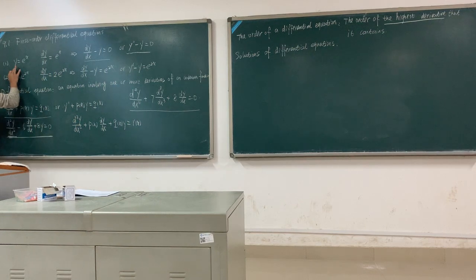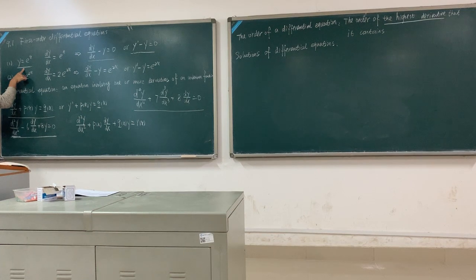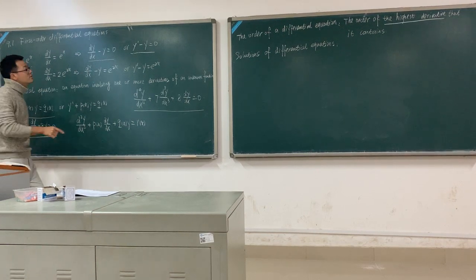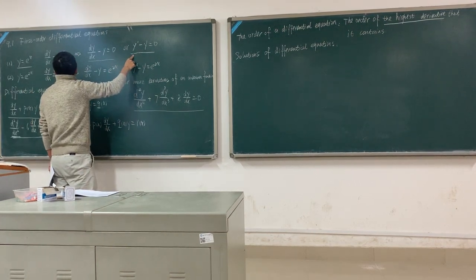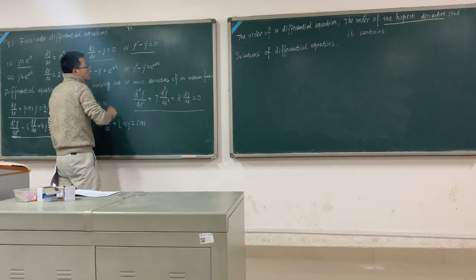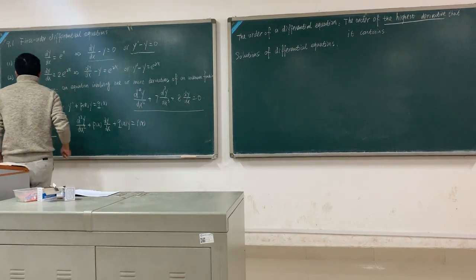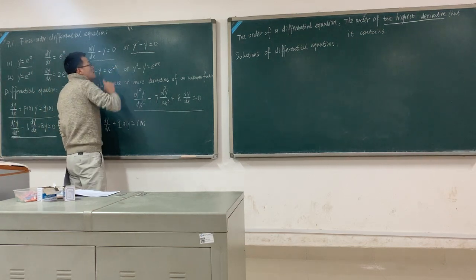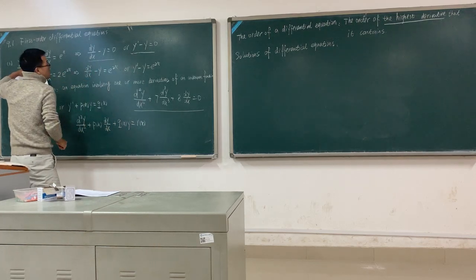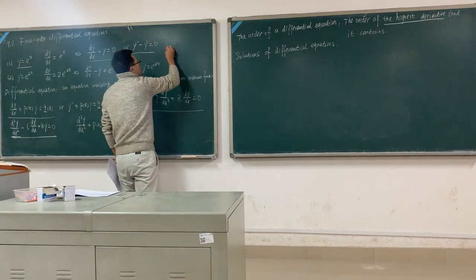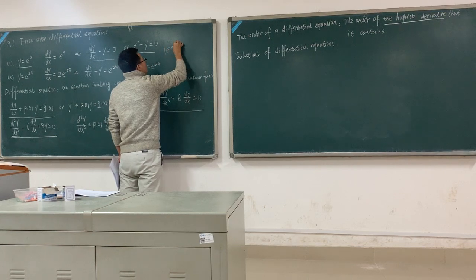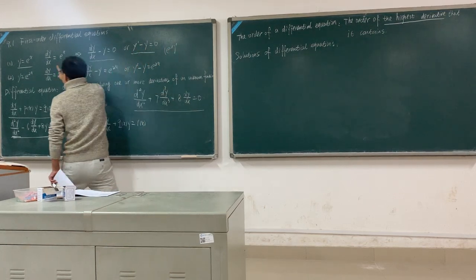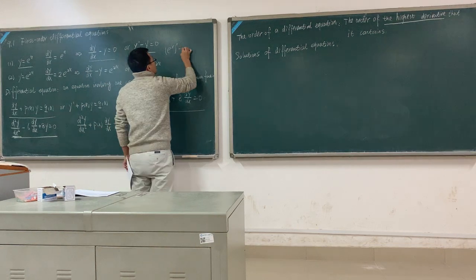For this one, y equal to e^x, this function, and this is the differential equation. If we substitute this function into this equation, y equal to e^x, so y prime is e^x, minus y equal to e^x, so minus e^x.